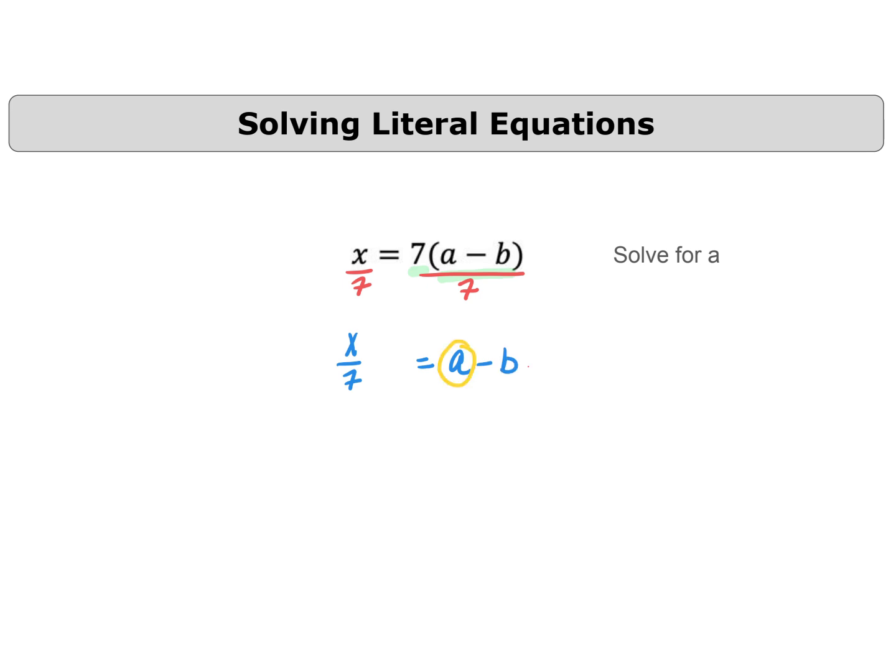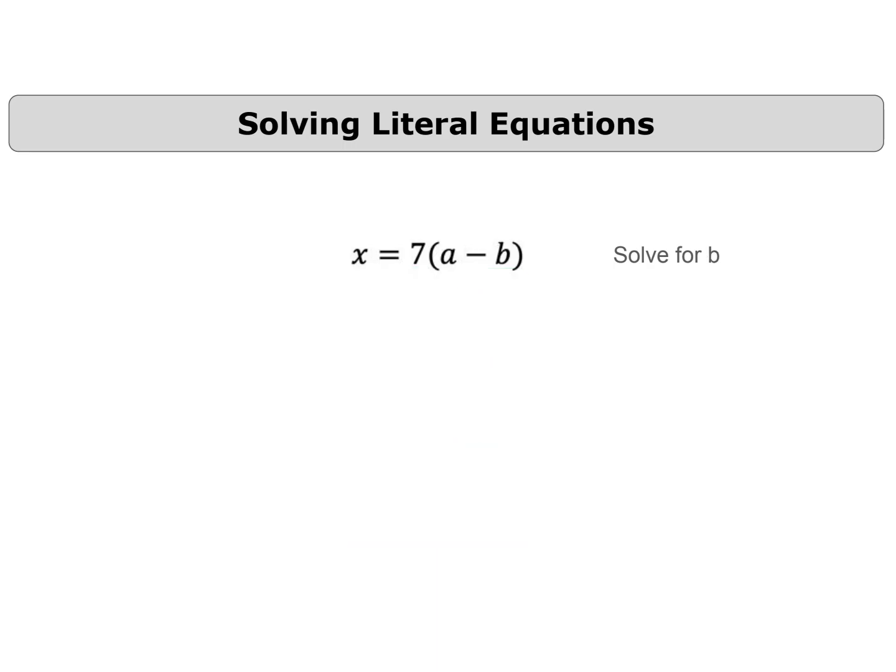To isolate that a, we need to add b to both sides of the equation. Then we would have x over 7 plus b is equal to a. And then we could put that a on the left side, so a is equal to x over 7 plus b. And that would be our equation solved for a.